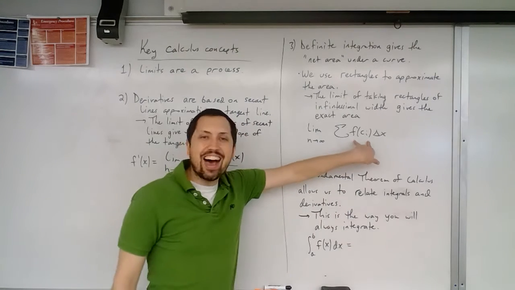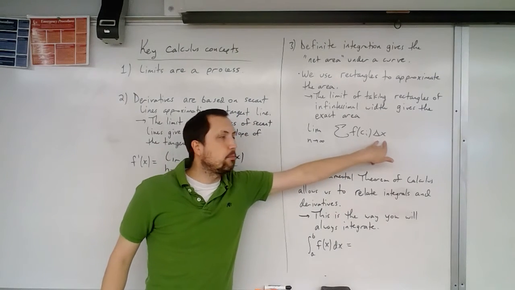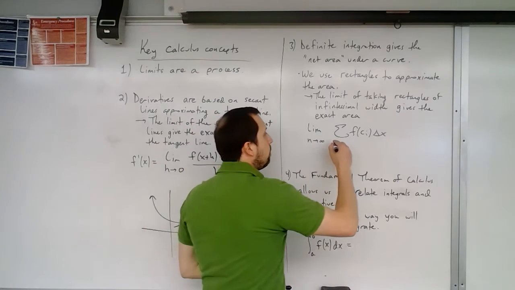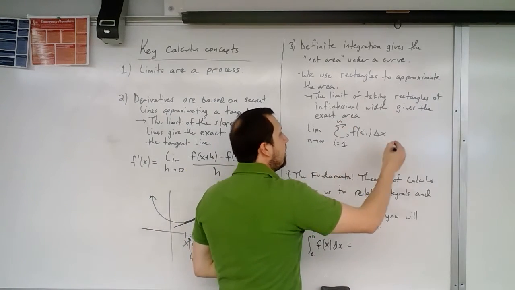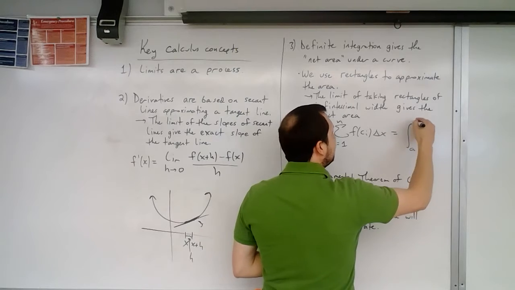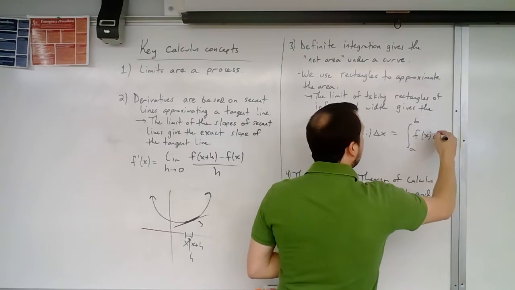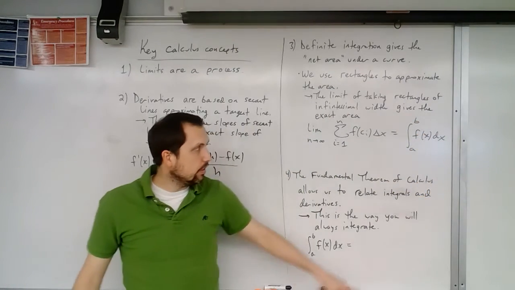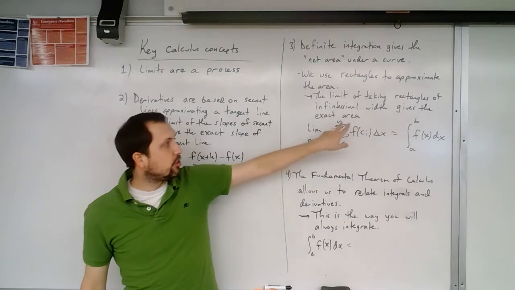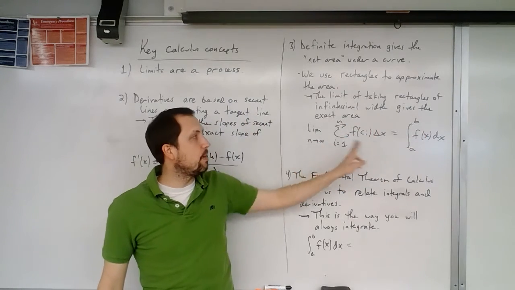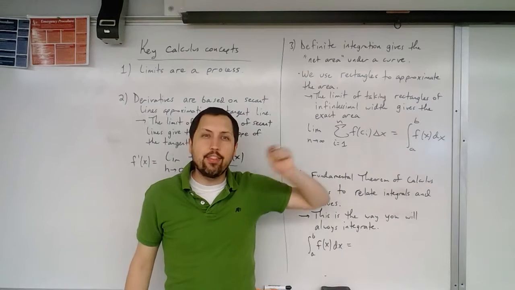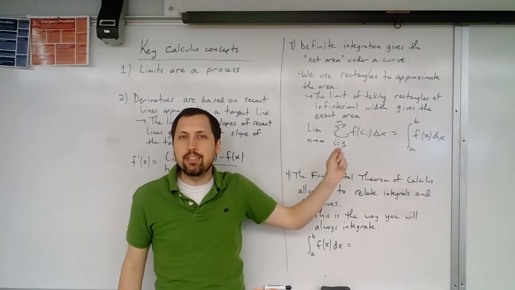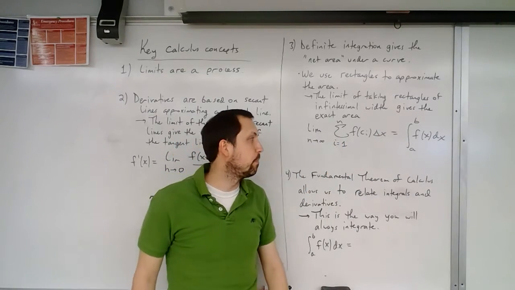So we had the height of all of our rectangles times the width of our rectangles. And then this was the sum from i equals 1 to n, and what this ended up giving us was the exact area of f of x dx. So we had this sum here, when we took the limit, it became this integral. And this was the limit process, this limit definition of integration.